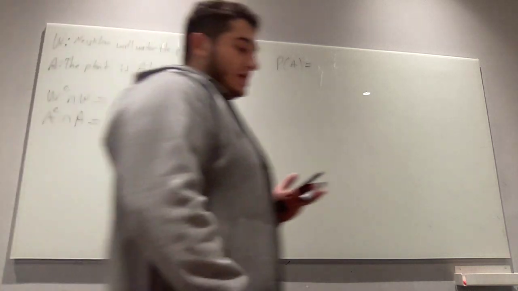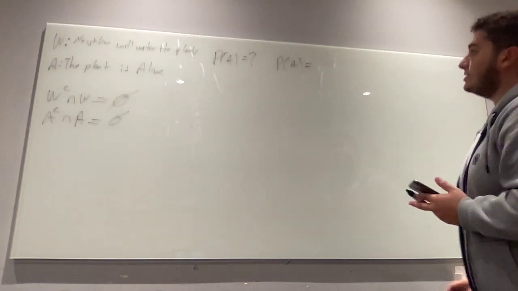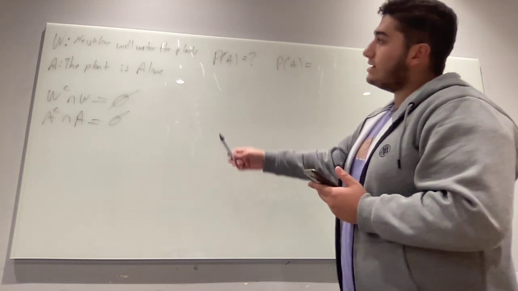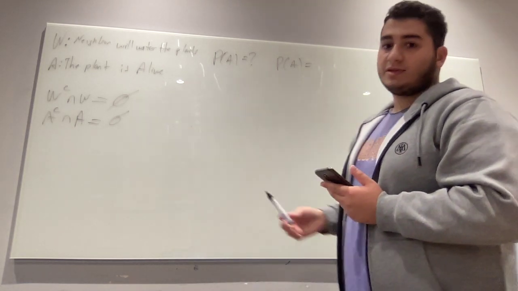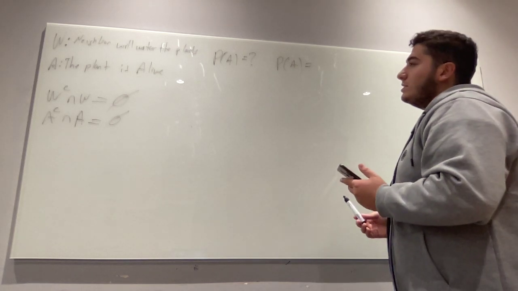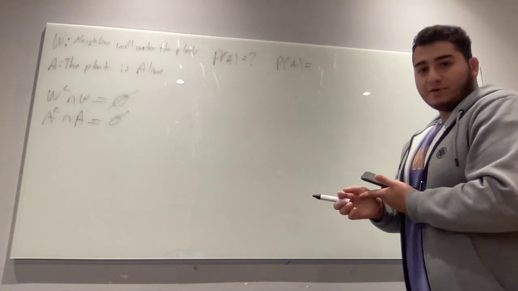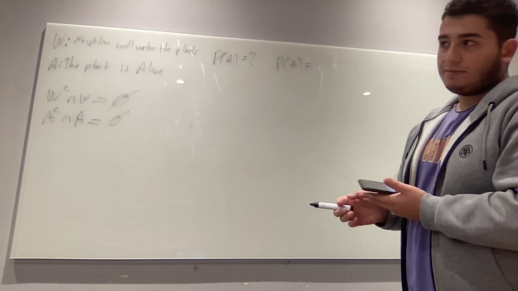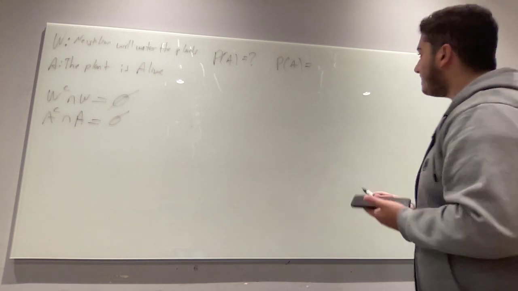Probability A is connected with whether the plants are watered. I mean, the plants might be alive if the neighbor waters them or if the neighbor doesn't water them.